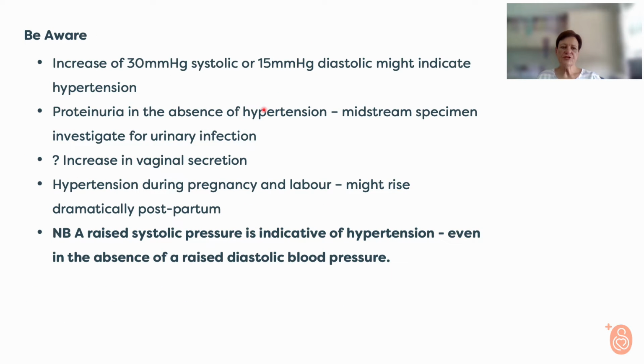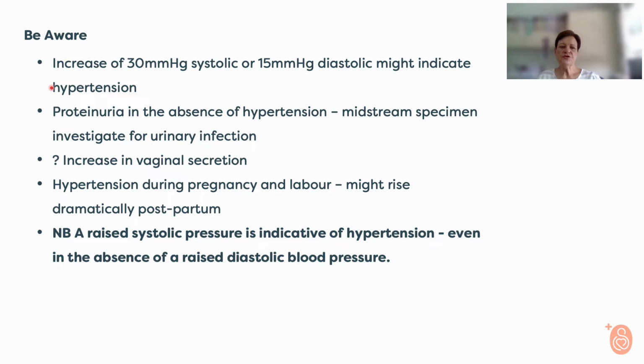Now on this slide, we just have a few aspects that are very important regarding hypertension. First of all, as you will see in the next lesson, when we do the physiological changes of the cardiovascular system during pregnancy, we will see that the blood pressure is supposed to decrease during pregnancy and never increase. So we always said that an increase of 30 millimeters mercury systolic or 15 diastolic might also indicate hypertension.